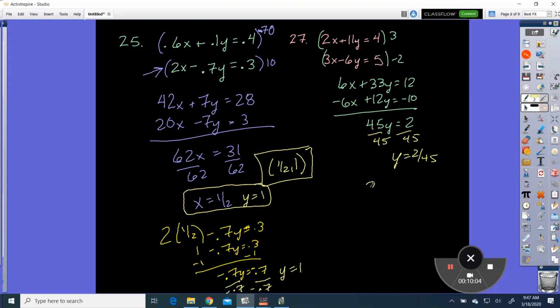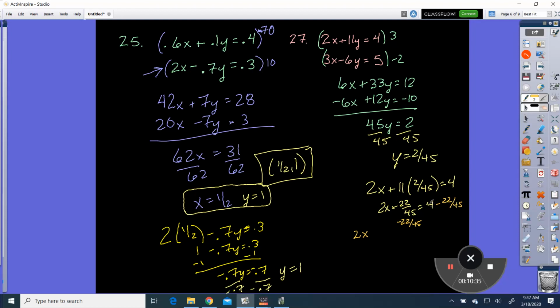Okay, so now I'm going to have 2x plus 11y, which is 2/45, equals 4. So 2x plus 22/45 equals 4. So now I'm going to minus 22/45. So 45, double that's 90. 4 times it would be 180.